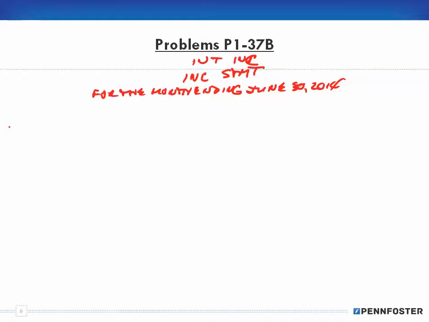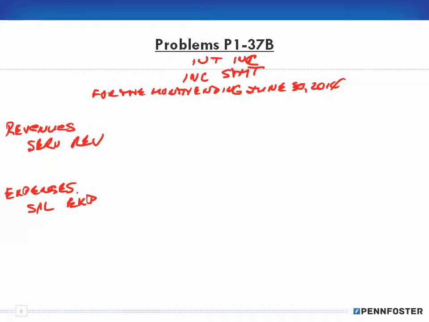Okay, so we have revenues and we have expenses. What revenue accounts are we using? Well, we have service revenue, and I'm just abbreviating, and we have salary expense.